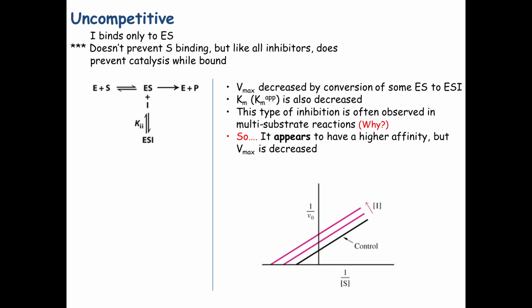Again, Le Chatelier says the left-hand side is going to form some ES to compensate for the one I'm removing. So it's going to shift that binding equilibrium towards the ES complex, or towards the bound state. So in the presence of an uncompetitive inhibitor, it appears to us that E and S are spending more time together. They must have an apparent higher affinity for each other. That's the opposite of competitive.